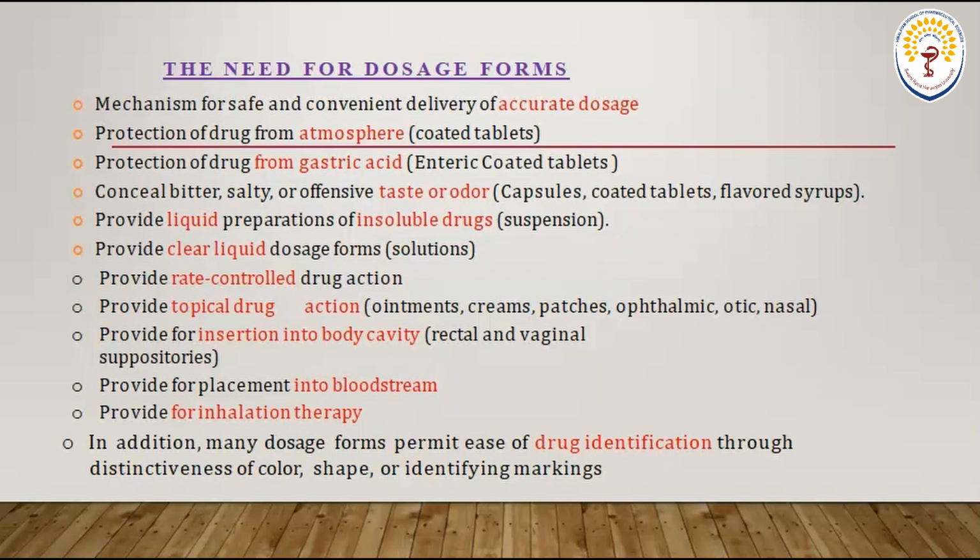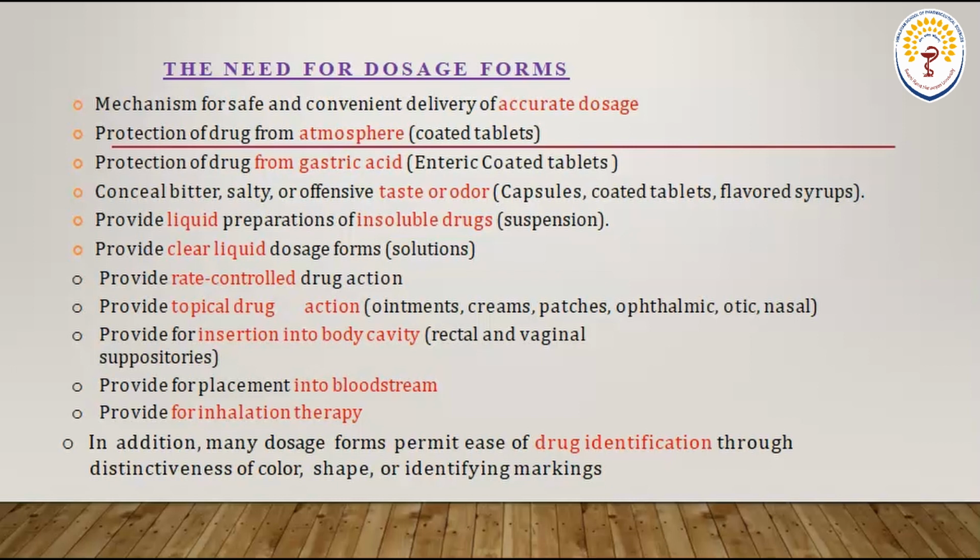Here the best example is enteric coated tablet. And next is protection from offensive odor and taste. Here we use the capsule dosage form, sugar coated dosage form, or flavoring them into a specific flavor.